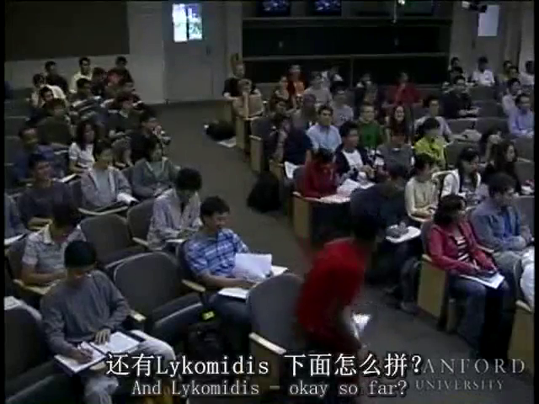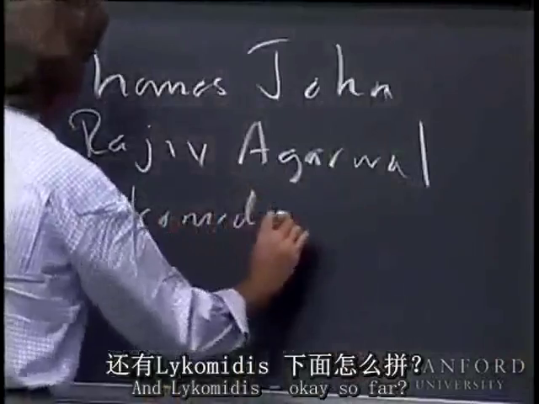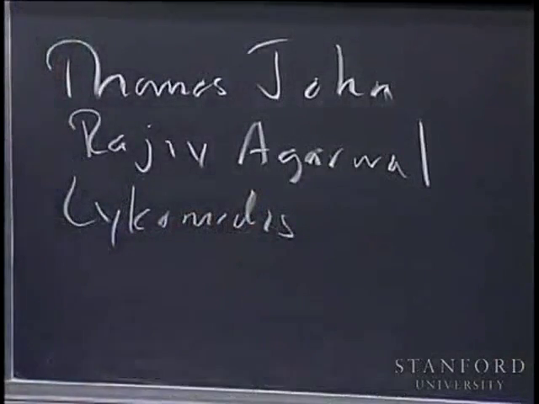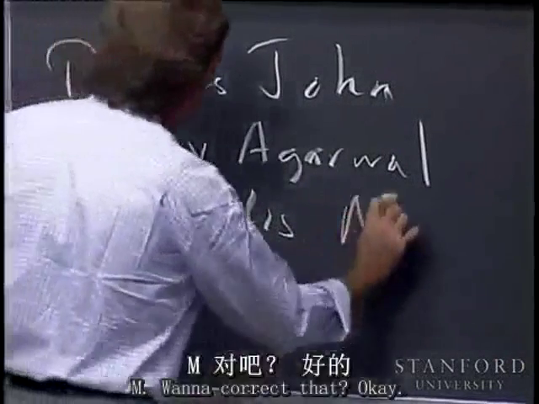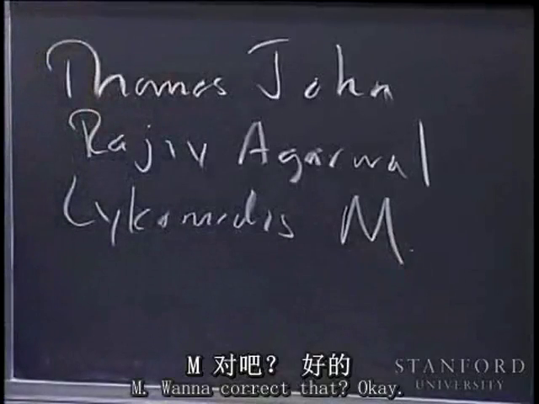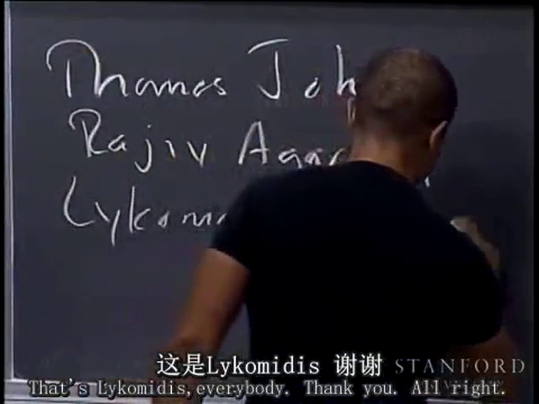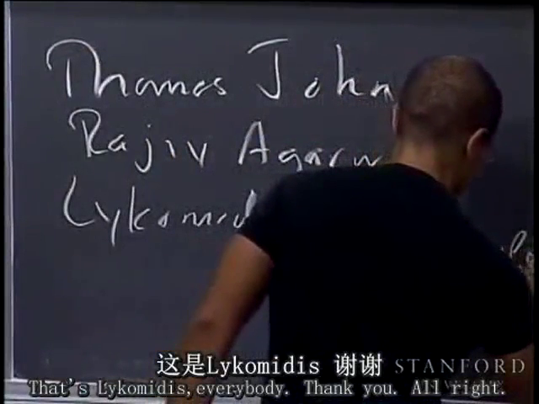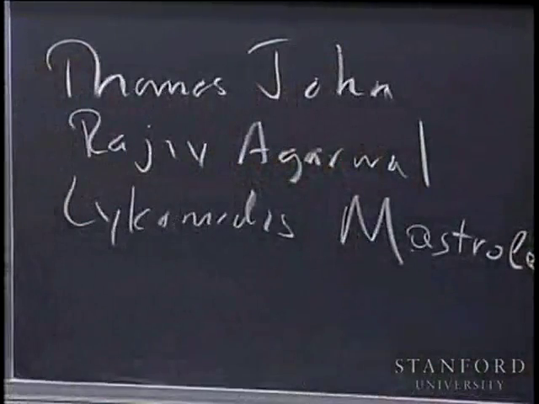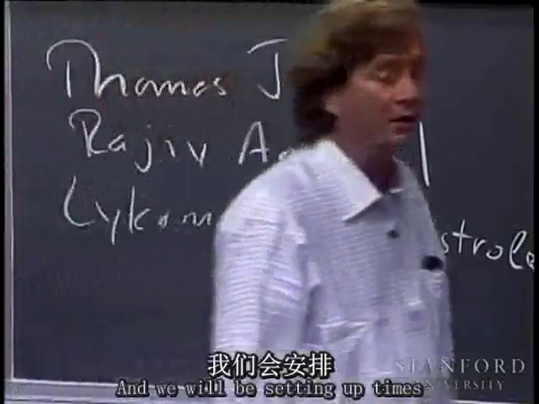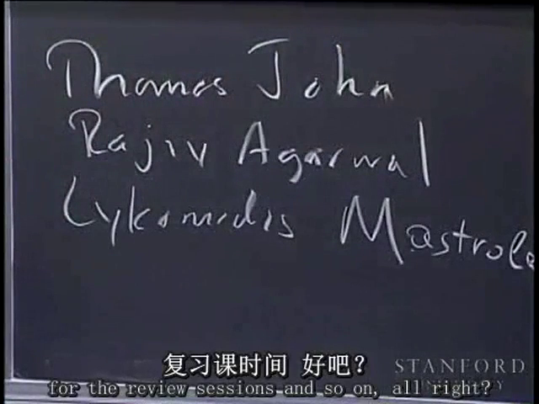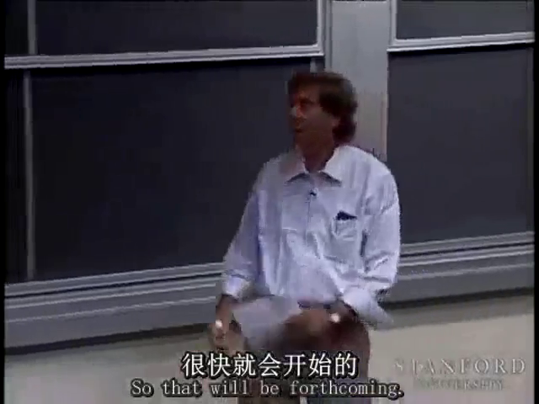And Nicomedes. Okay so far? Want to correct that? Okay. That's Nicomedes, everybody. Thank you. All right. So now, and we will be setting up times for the review sessions and so on. All right. So that will be forthcoming.